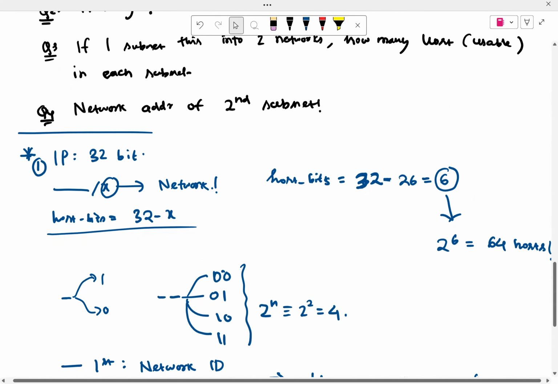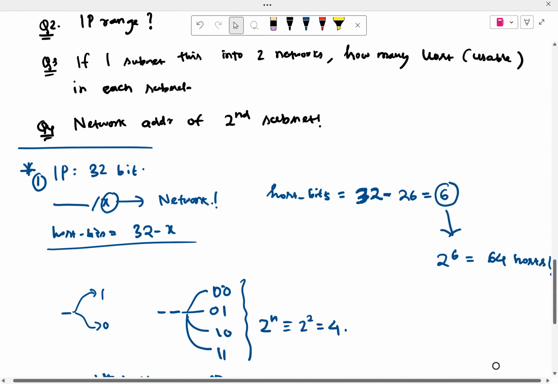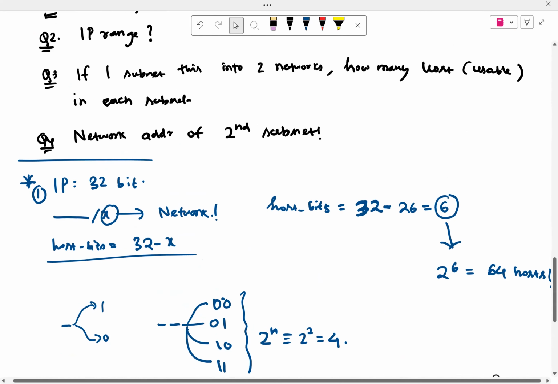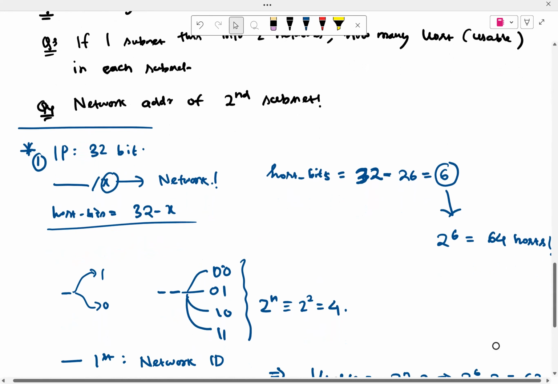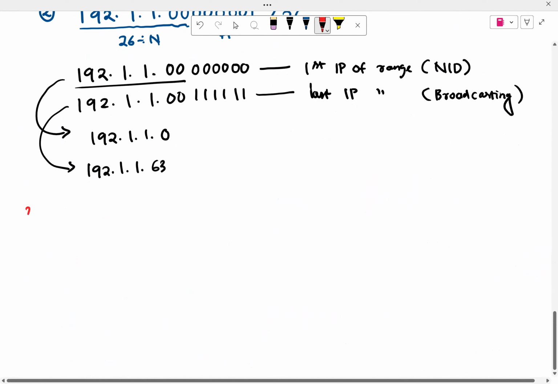Next question is, if I subnet this into two networks, how many usable hosts are in each subnet? So question number 3, subnetting.